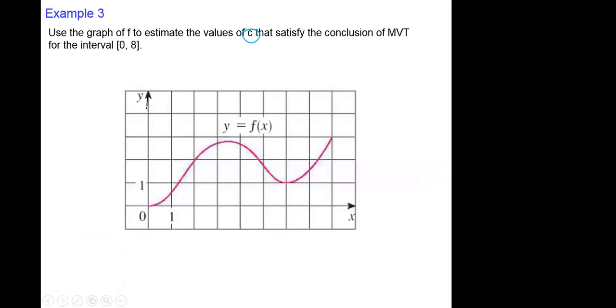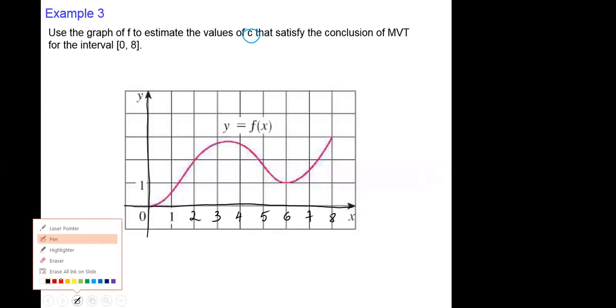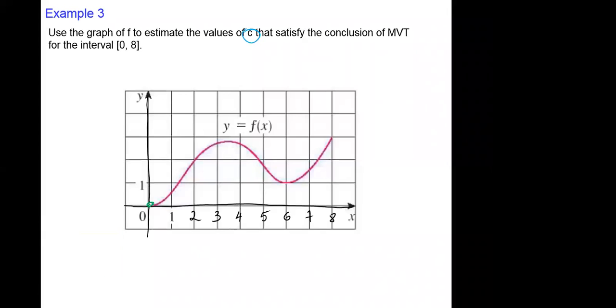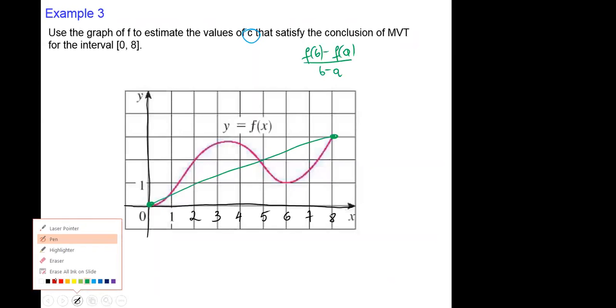We do have a function defined from 0 to 8. I know that the mean value theorem is telling me that the slope of the secant, the green line, equals the derivative at C. Do you think you can compute the slope of the secant for me?